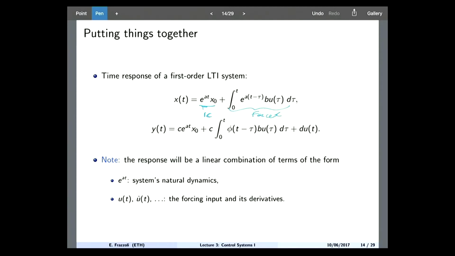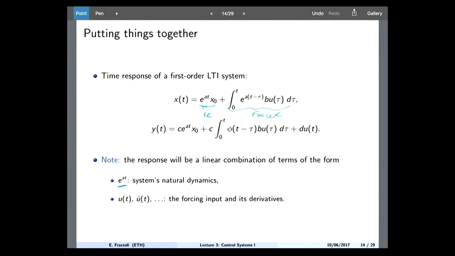Now, something that you may notice is the following: the response will be a linear combination of terms that are not arbitrary. This will be a combination of terms that contain e to the power at, right?